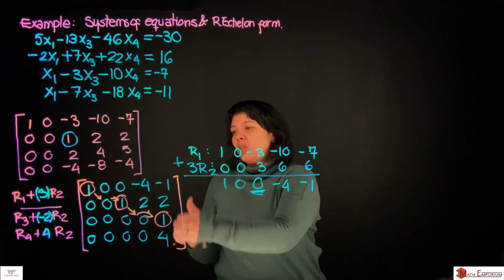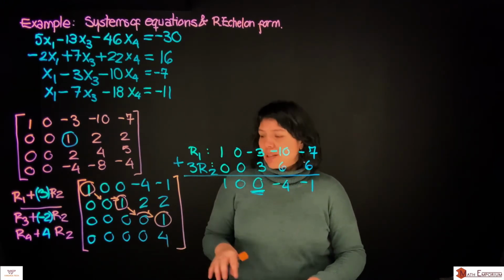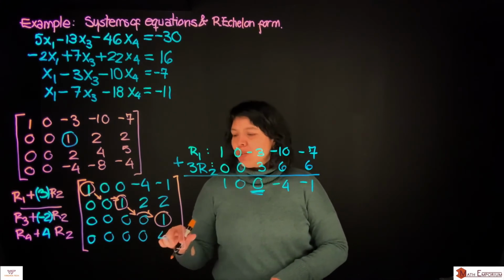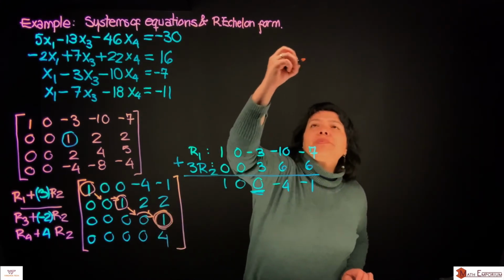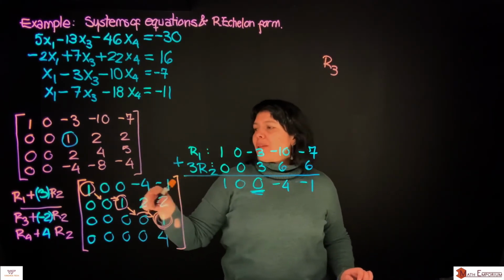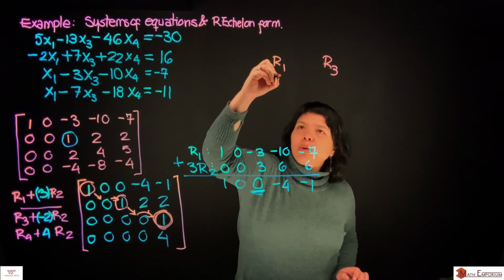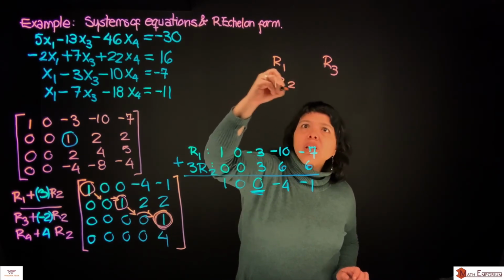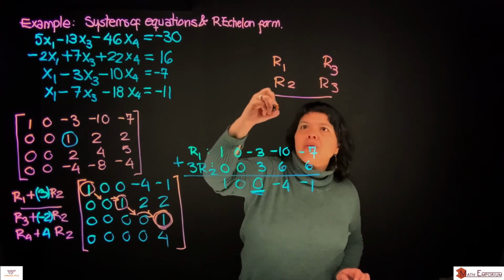And with this one, I need to make the rest zeros. So my new row operations are going to be the following. So my row that I'm using now is going to be row 3. And the rows that I'm going to change are going to be row 1, row 2, row 3 stays the same, and then row 4.